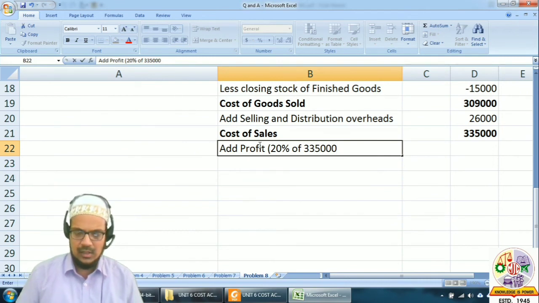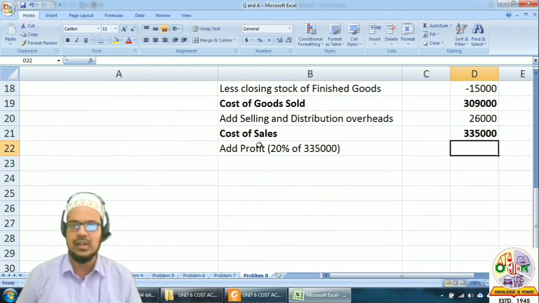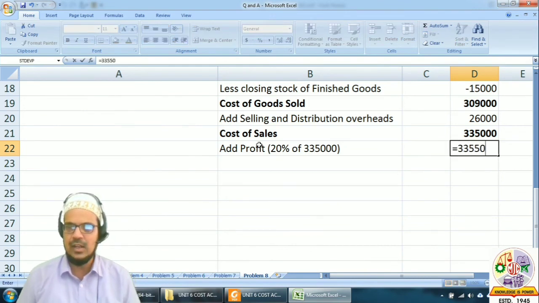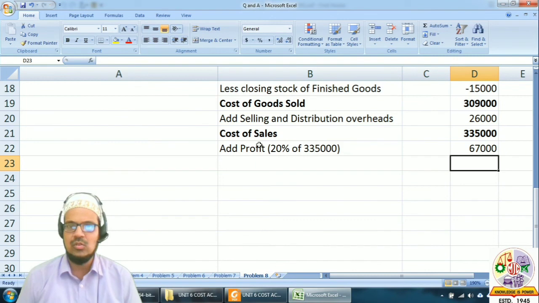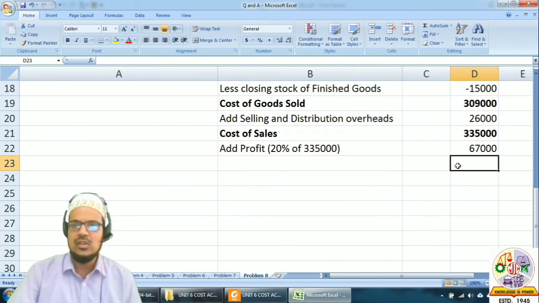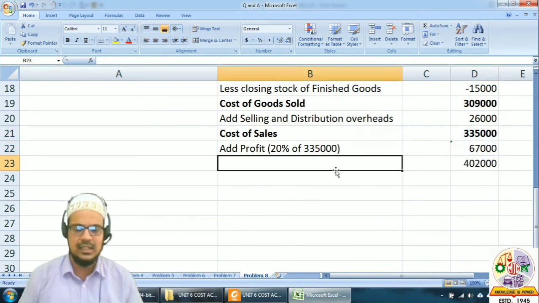Just calculate how much it comes. 3,35,000 multiplied by 20%, it comes to 67,000. So the cost is 3,35,000, the profit is 67,000. So the final selling price at which we will be selling the product is 4,02,000.